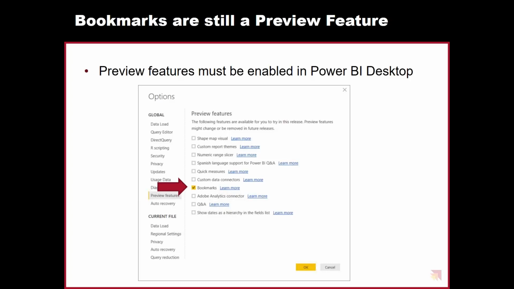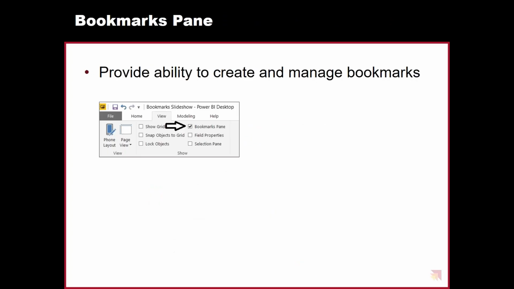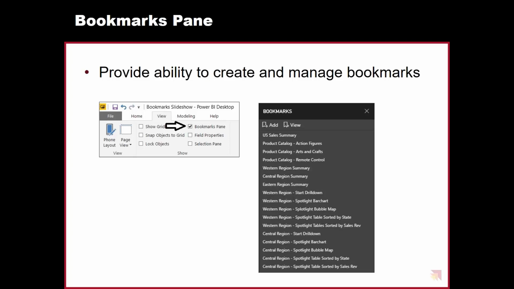Once you do that, what you're going to see is that you're going to have the bookmarks pane inside there, and you're going to be able to see your bookmarks. Now, the bookmarks pane gives you the ability to create bookmarks. Once you create a bookmark, you can also click on the bookmark to basically navigate to the bookmark. If you have a bookmark and you haven't recorded it properly, you can kind of change the page and update the bookmark inside there.